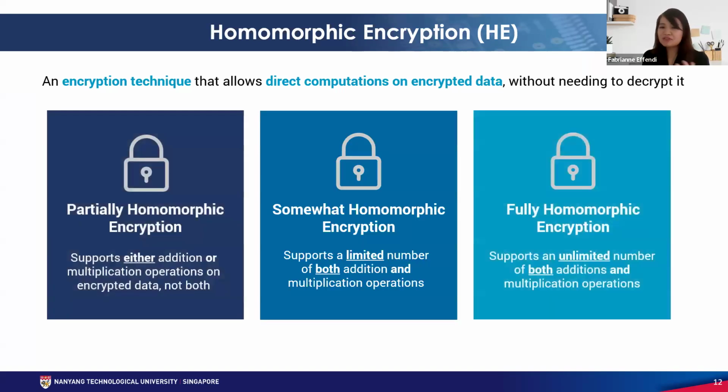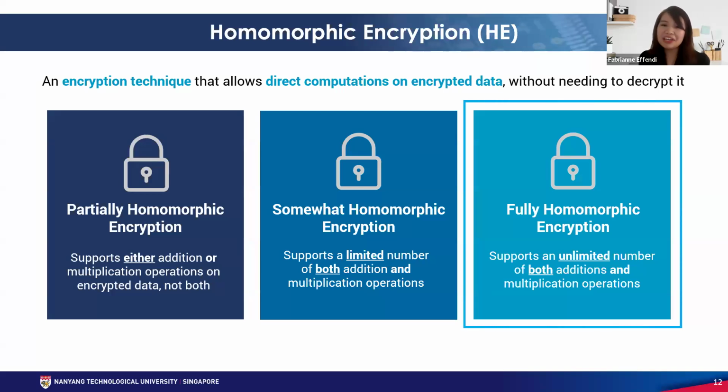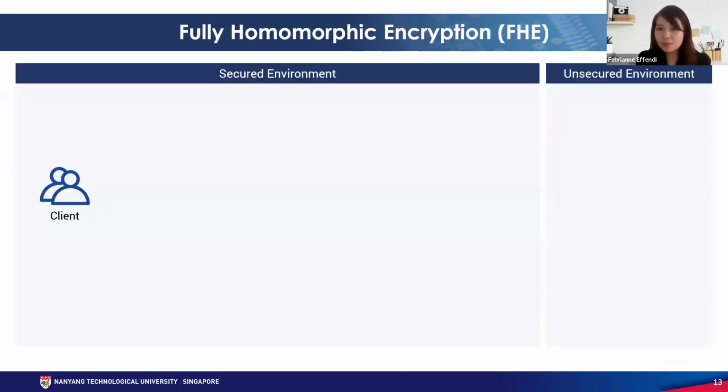Over time, various forms of homomorphic encryption have emerged, including partially, somewhat, and fully homomorphic encryption. And today we'll be focusing on fully homomorphic encryption, also because this is an FHE meetup. So FHE supports an unlimited number of both addition and multiplication operations, which makes it very versatile for various types of computations.